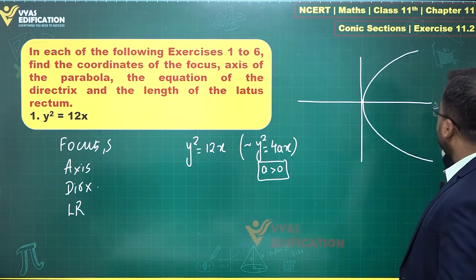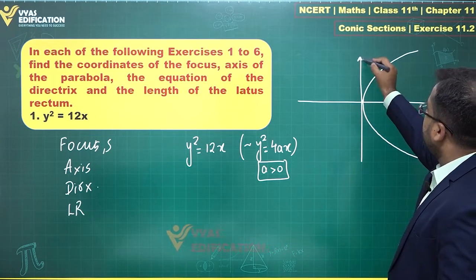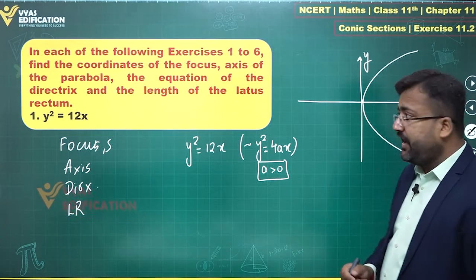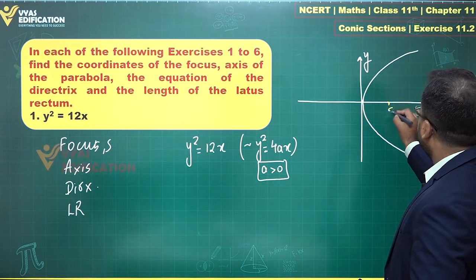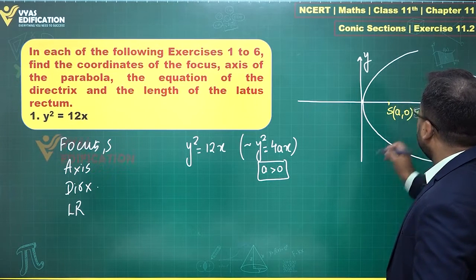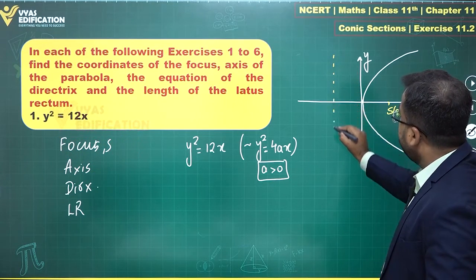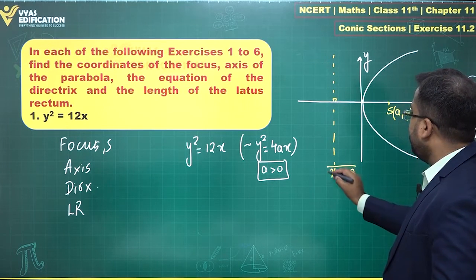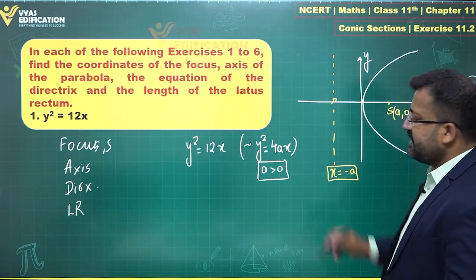It will be a rightwards opening parabola. This will be the x-axis, this will be the y-axis, right? And depending upon the value of a, this here will be the focus, which has coordinates a comma 0. This here will be the directrix, which will have equation x equals minus a. Okay, this point is minus a comma 0.